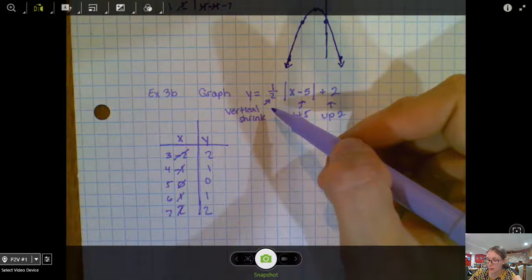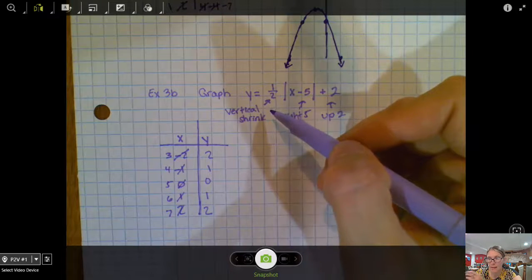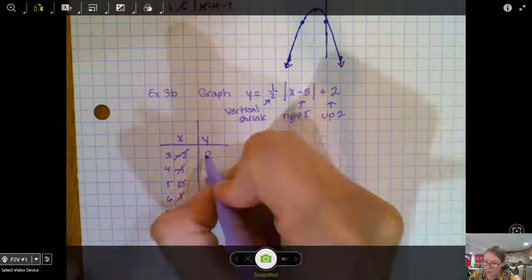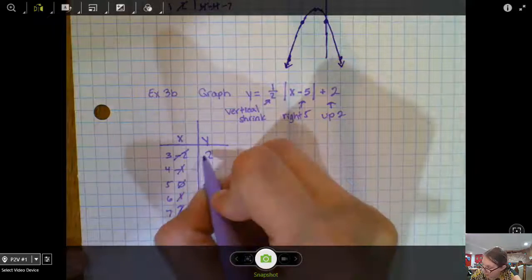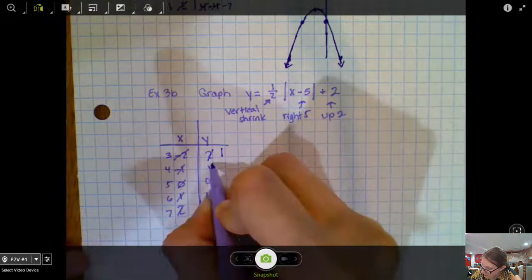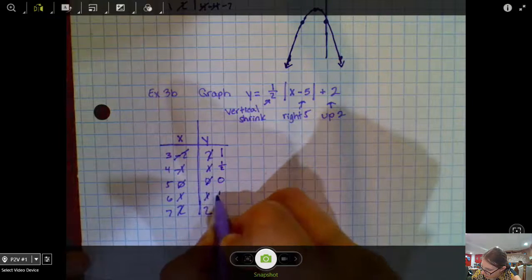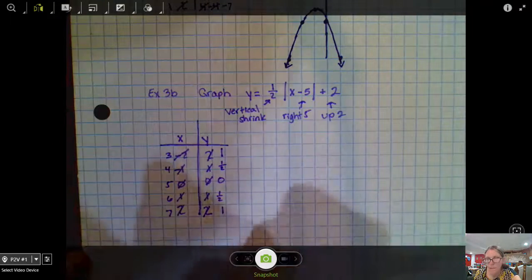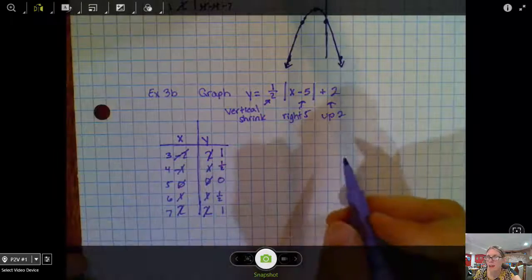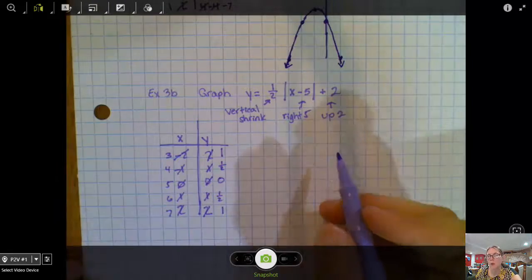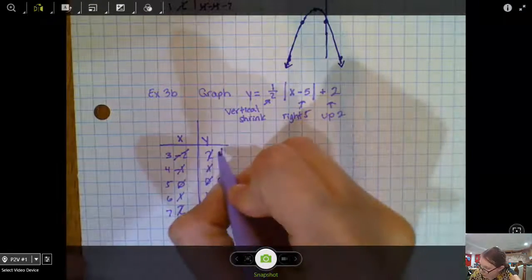Our vertical shrink is up next. That affects our y values. And multiply each y value by 1/2. And finally, our translation up 2, where we add 2 to each y value.